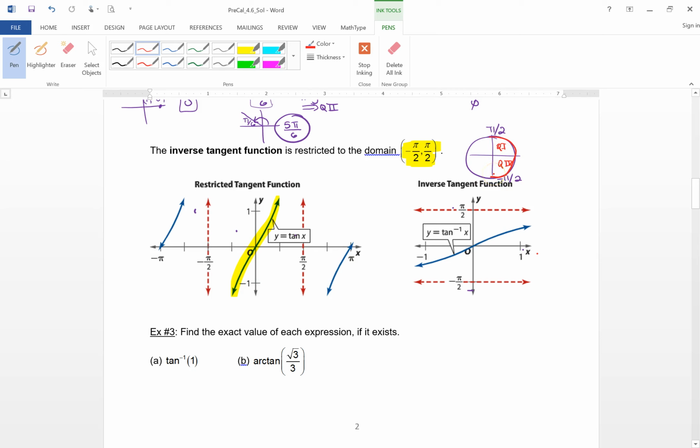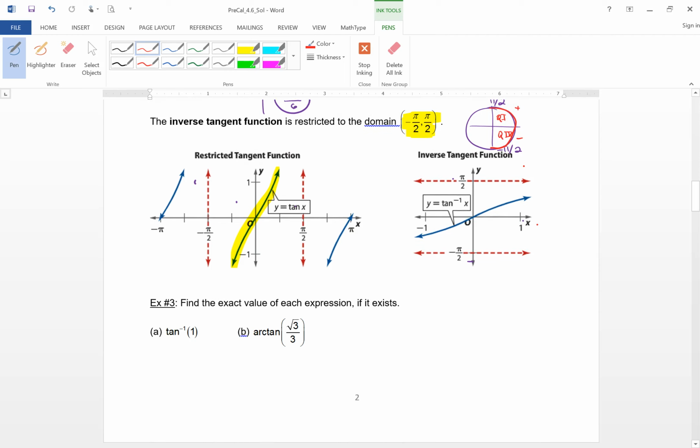Whatever angle I get must either be in quadrant 1 or quadrant 4. Tangent is positive here and negative here. So if I'm looking for a negative tangent, it's going to be in quadrant 4. If I'm looking for a positive tangent, in quadrant 1.